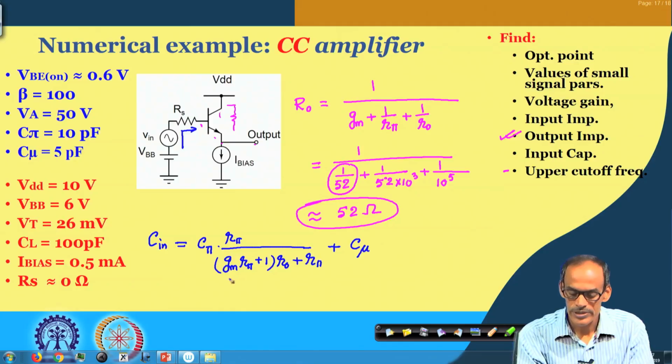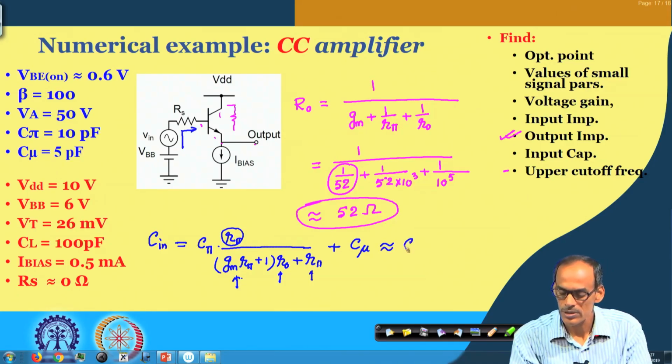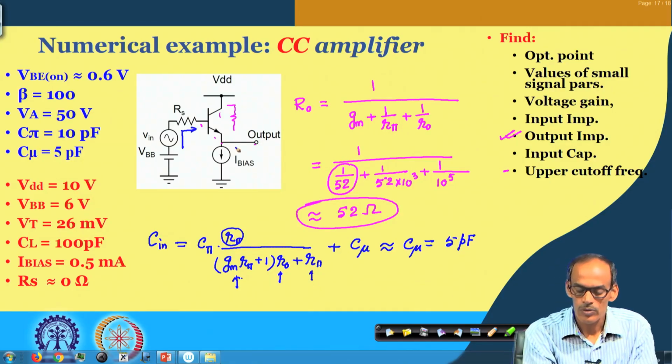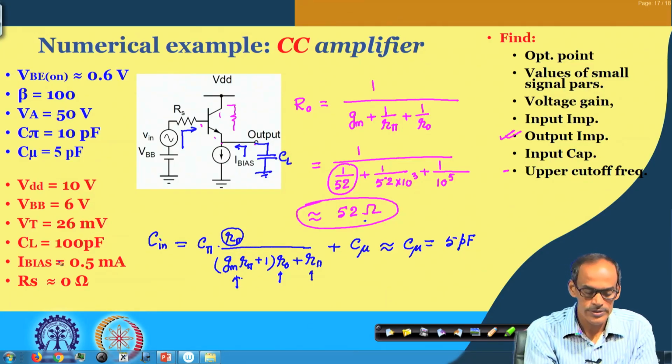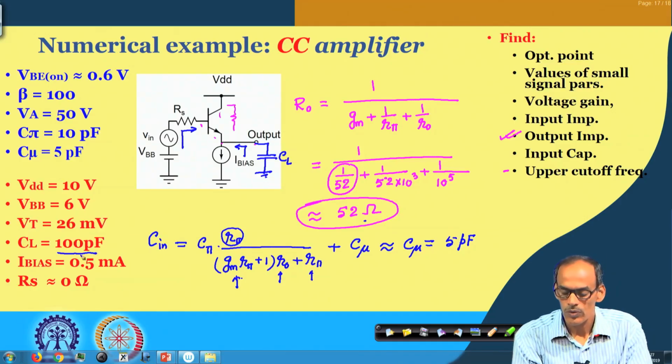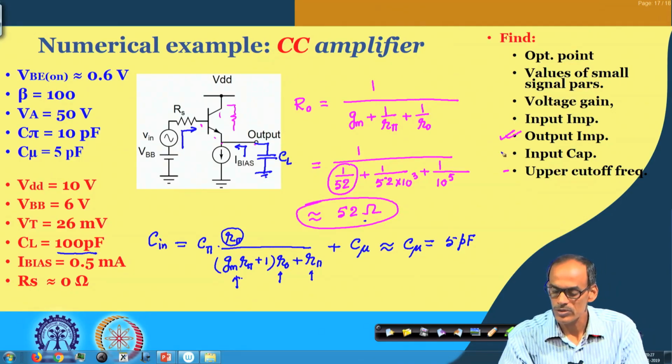If you consider this is beta and this is very high, compared to that we can see that this is small and this is also small. So, we can approximate that this is C mu, and that is equal to 5 picofarad. So, we have the output resistance looking into this circuit, it is 52 ohm, and then we have the load capacitance CL, it is 100 picofarad. So, this is done.